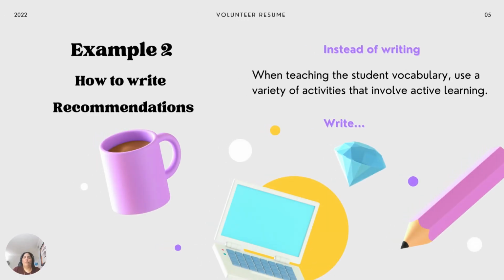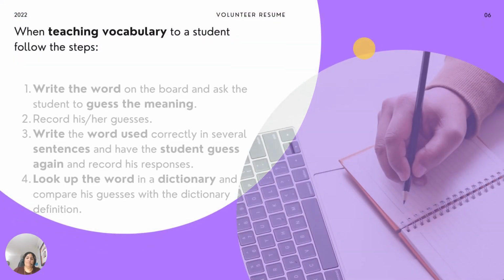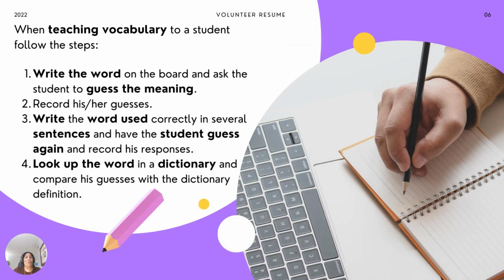Another example is that instead of writing, when teaching the student vocabulary, use a variety of activities that involve active learning, we should write, when teaching vocabulary to a student, follow the steps. 1.